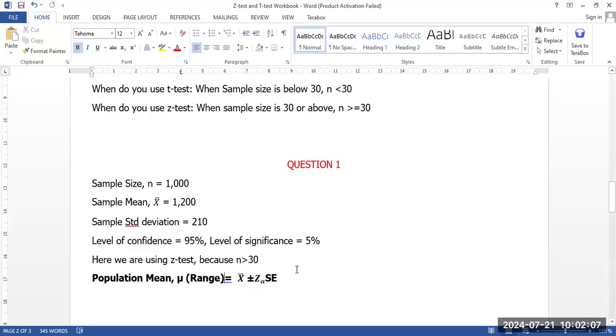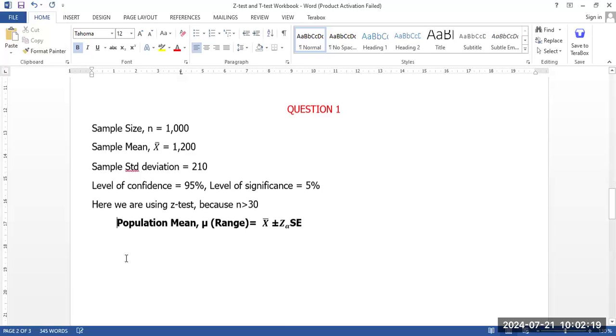You may reach there and find that the formula you are looking for is not given. Some will be given, some will not.